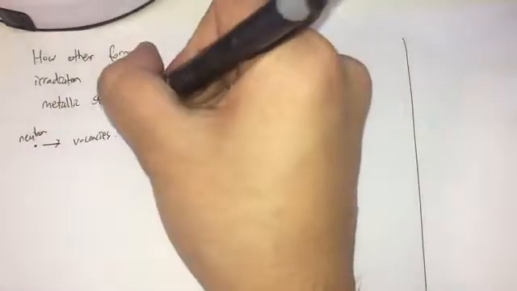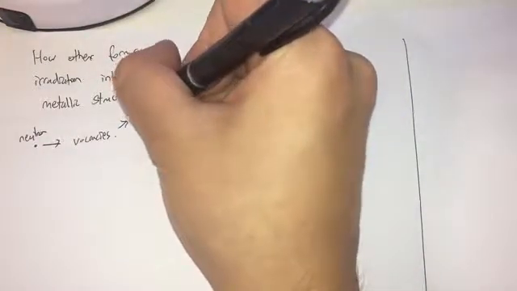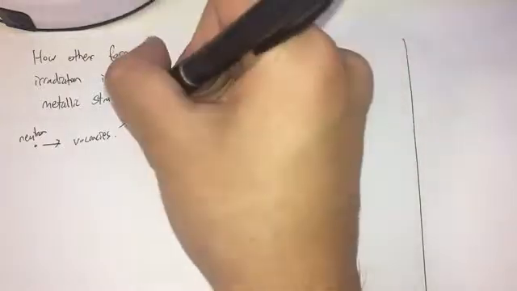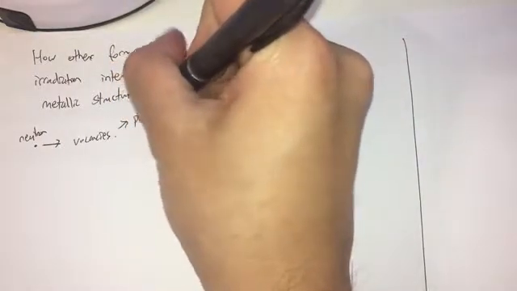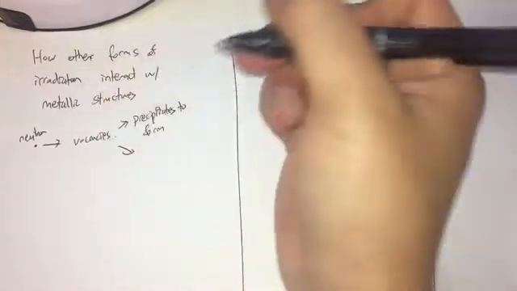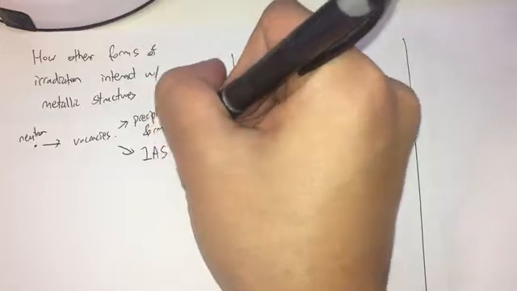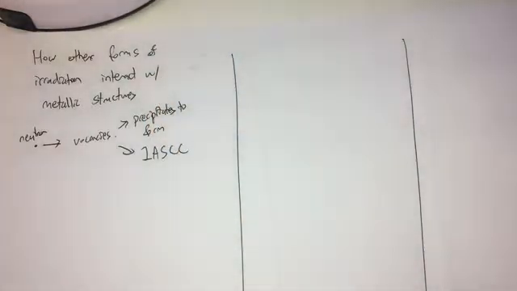We discussed how they formed, how they can do a displacement spike and how they cause precipitates to form, and how these are responsible for irradiation assisted stress corrosion cracking, or IASCC.